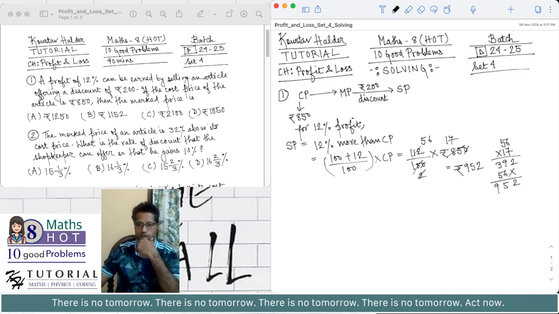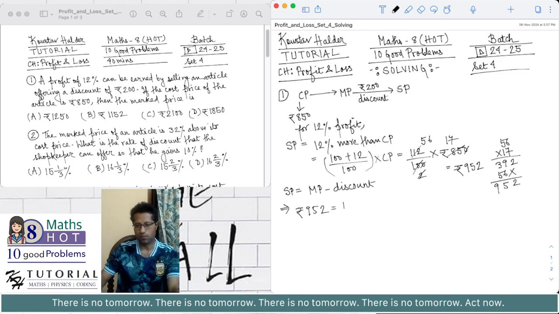after there is a discount of rupees 200 on the mark price. Now we know that the selling price is equal to the mark price minus discount. Discount means the total discount. Usually the rate of discount is given, and in that case the discount is that rate of the mark price. So we know the selling price is rupees 952.